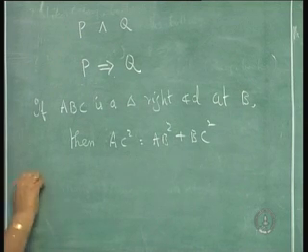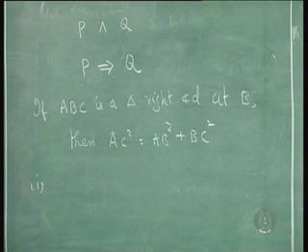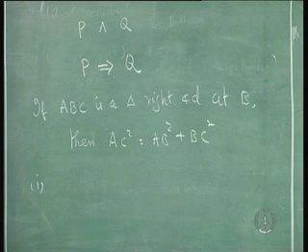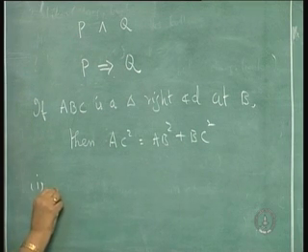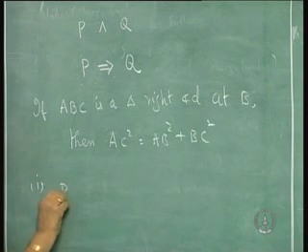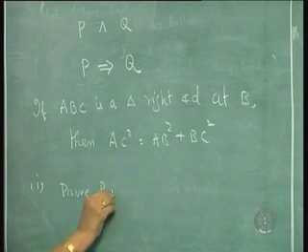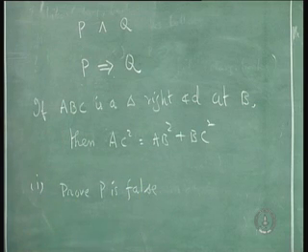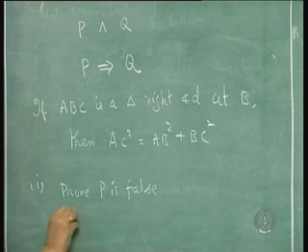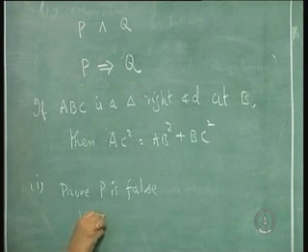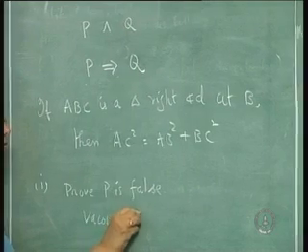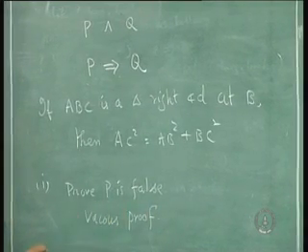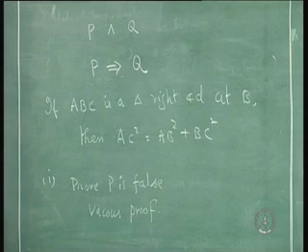Sometimes you may be able to prove very easily, or realize, that P is false. In that case, P implies Q will automatically hold. Such a proof is called a vacuous proof. You need not prove anything else. If you just show P is false, the implication will hold.